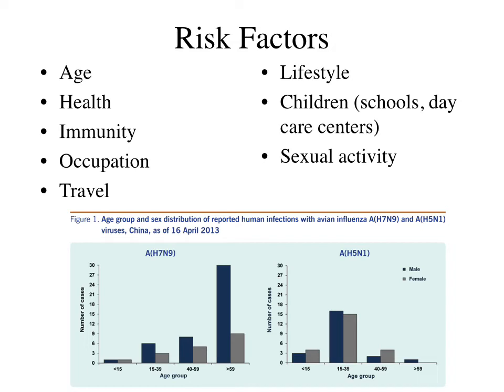And this differential exposure that we see between males and females may have to do with gender-associated practices and norms, meaning, what kind of work are the males doing versus the females? Is that bringing them into contact with the virus? There could be biological differences between males and females in the clinical course, post-exposure and infection. And differential healthcare seeking and access behavior between males and females, leading to surveillance detection bias. So, there are a lot of different things that can act as risk factors, and it will vary from virus to virus.